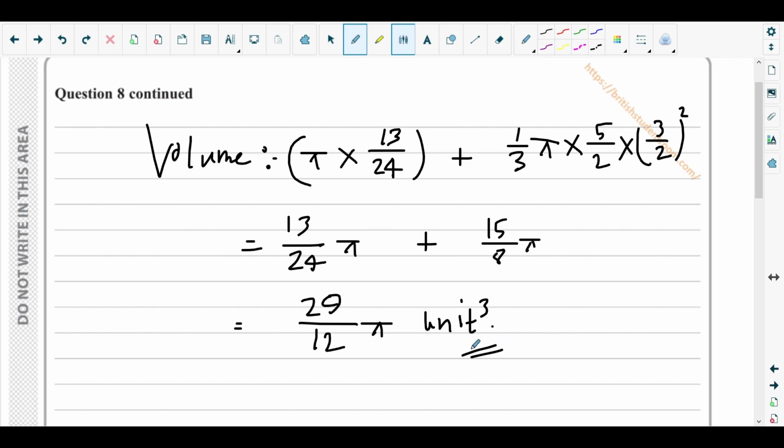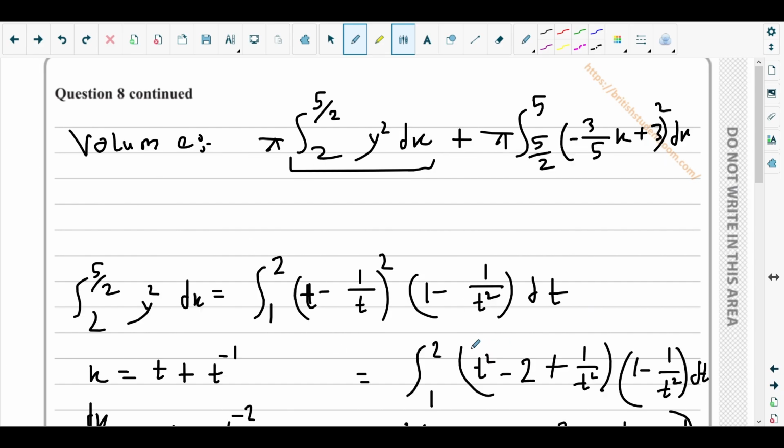Now, if we had done this whole integration, it would take so much time, right? For 7 marks, it's not worthwhile to do two integrations in only one question.